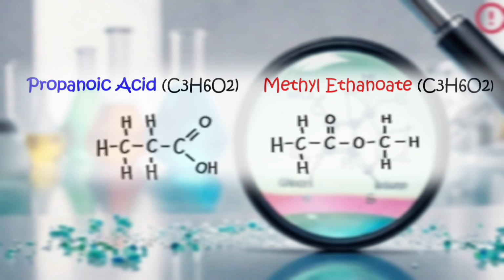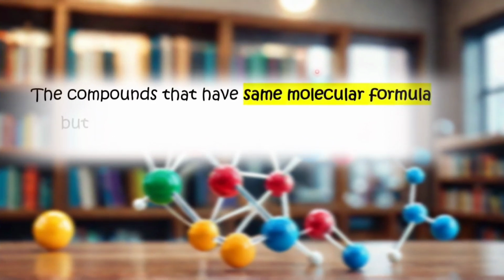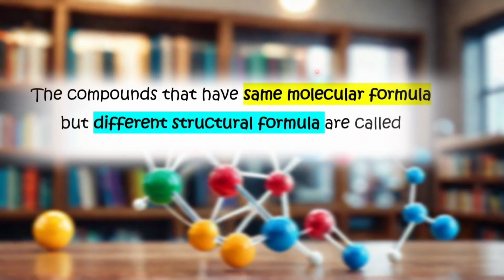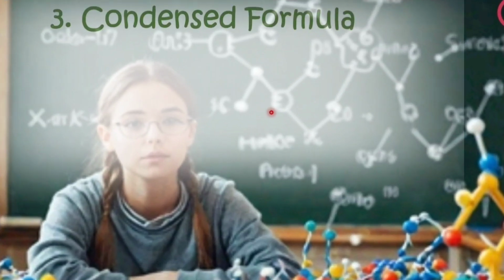Here again you can see that this oxygen is bonded to carbon and hydrogen, whereas in the case of methyl ethanoate, the oxygen atom is bonded to carbon atoms. Chemical compounds that have the same molecular formula but different structural formulas are called isomers of each other.